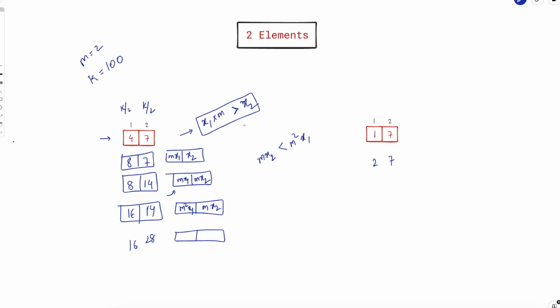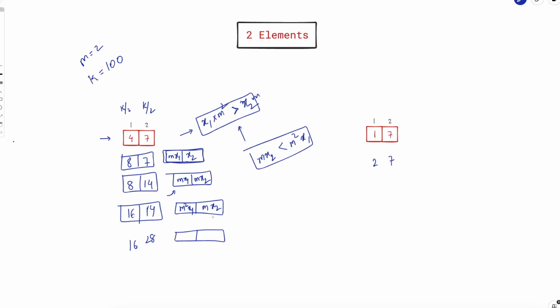The answer is yes, because this inequality was true. Like, because you had said that you will apply the operation on this element now because of this inequality. This inequality will also be true. Basically you simply multiply m on both the sides and you will get this exact inequality.